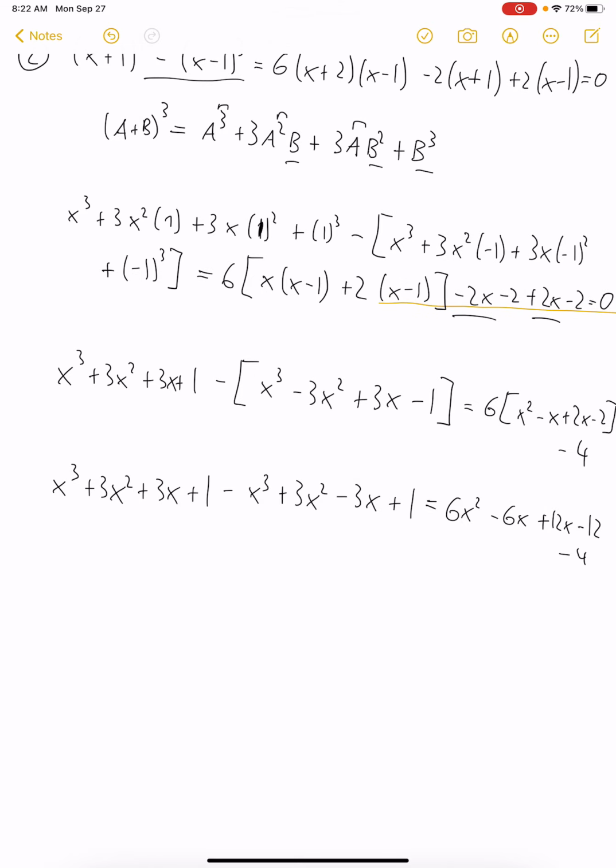Okay, so on the left hand side, plus x cubed and minus x cubed cancel. In terms of the x squared terms, we have 3x squared plus 3x squared, which is 6x squared. The linear terms again cancel, plus 3x minus 3x, and then we are left with plus 1 plus 1 is 2, and this should be equal to 6x squared, so that's this term. Then we have minus 6x plus 12x is plus 6x, and then we have minus 12 minus 4 is minus 16.